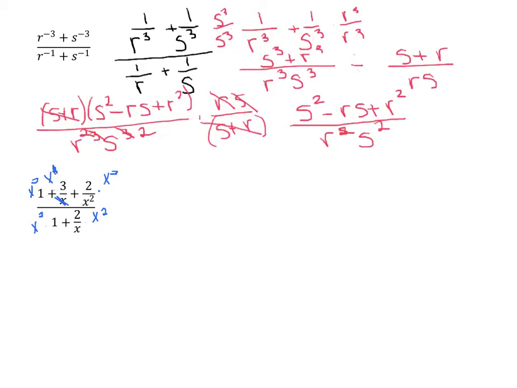Here, this cancels, that cancels completely, and that cancels. So I'm left with x squared plus 3x plus 2 over x squared plus 2x. My numerator can be factored.